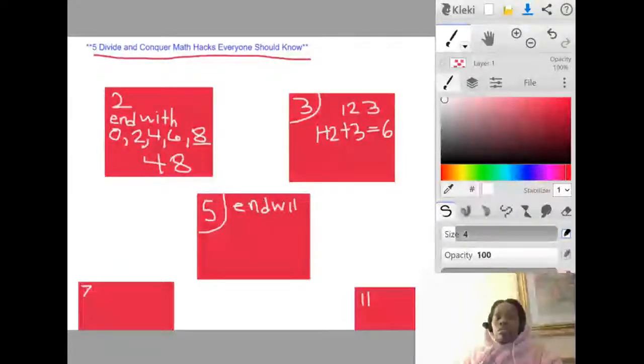It is a multiple of 5. Now I know it looks like it's all one word, but you get it. I don't have that much room.